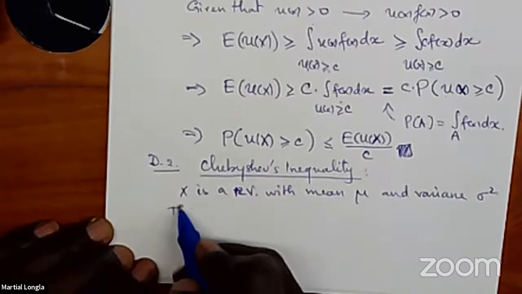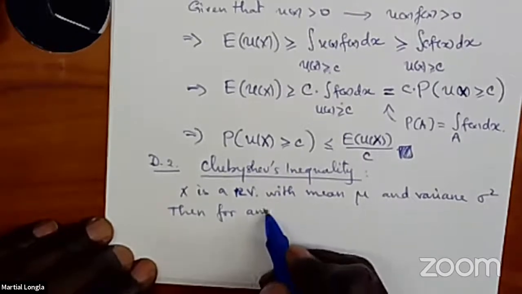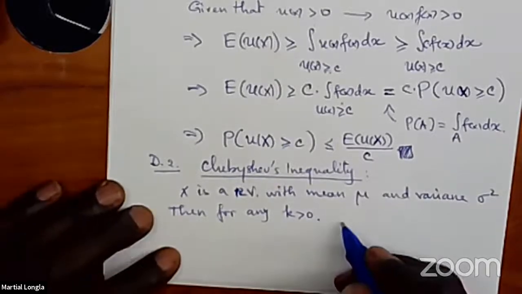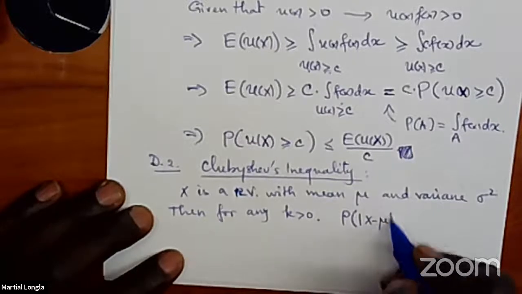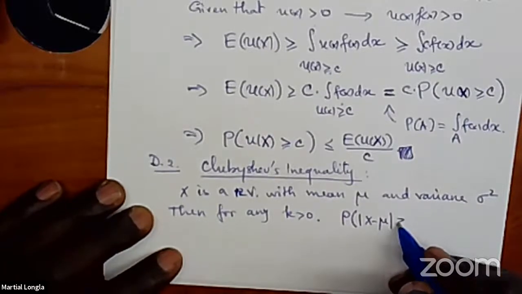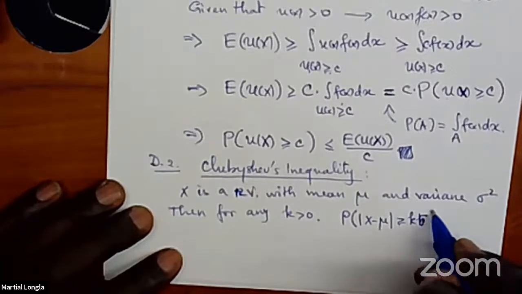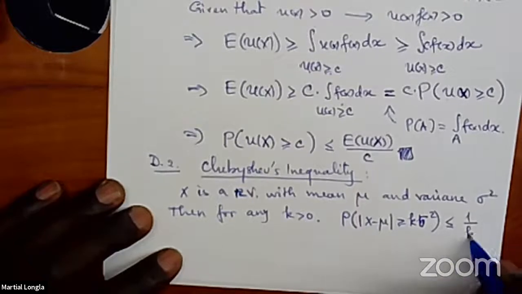then for any k strictly positive, the probability that the absolute value of x minus mu is larger than or equal to k sigma is less than or equal to 1 over k squared.